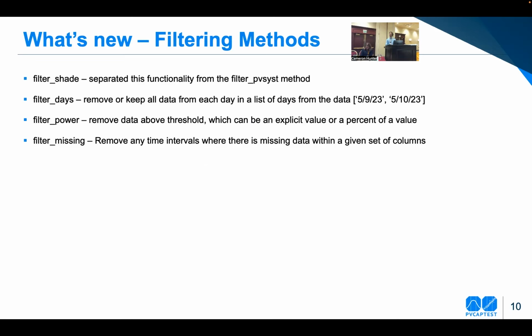You can do the reverse of that and keep just a set of days. There's a small new function for filtering power, which is often done to filter for clipping, and a method for filtering out rows where you have missing data, which is sometimes important. There's a filter outliers method that will not work if you have missing data. So that's the primary purpose of that.